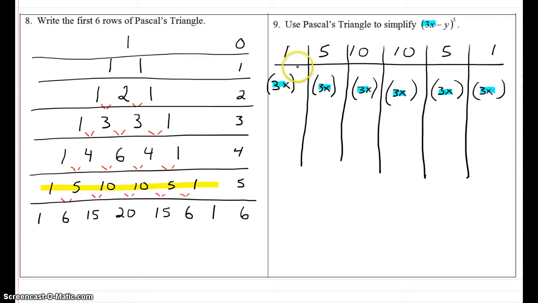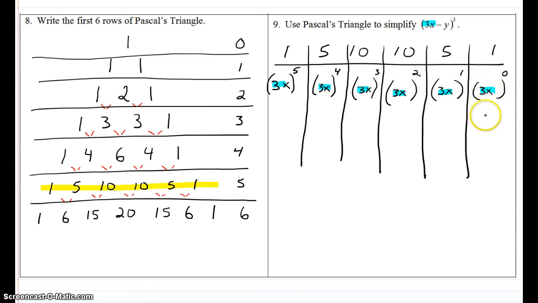And now we're going to start with our exponent. 5, 4, 3, 2, 1, none. So now I'm going to start simplifying on the right hand side.